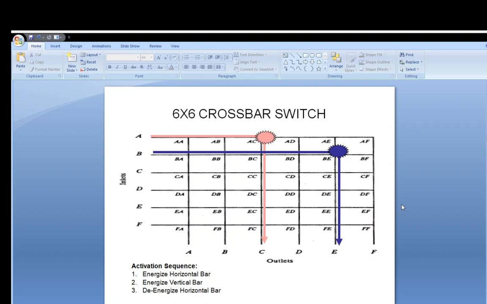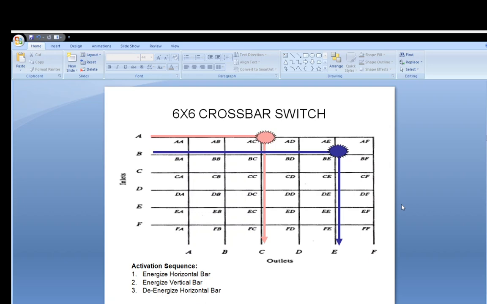Now see carefully, an interesting point is going to be discussed here. Suppose the call between B and E is also to be developed.